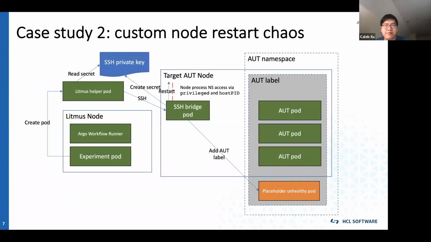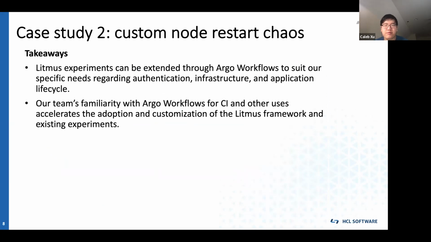So for instance, the creation of that SSH bridge pod, the creation of that placeholder pod, that was all orchestrated through Argo workflows. So we just took the existing experiment workflow and added steps to create those pods. And we add certain timing and synchronization things to make sure that those things run in the right order. But the point is they can be extended through Argo workflows to suit our specific needs.